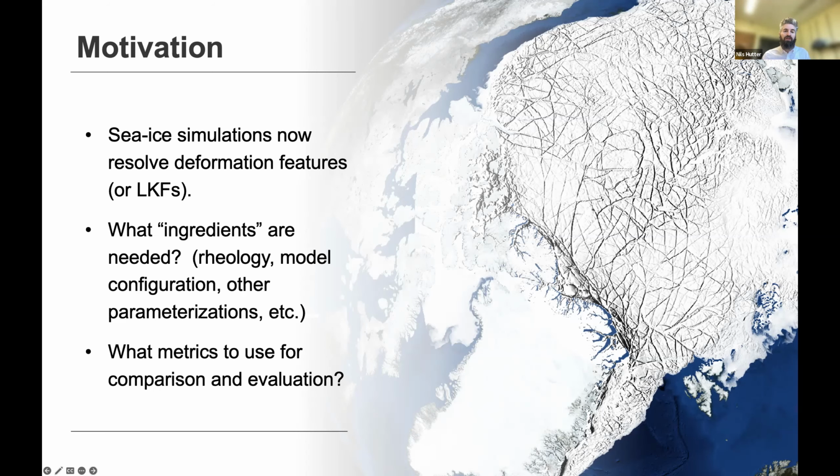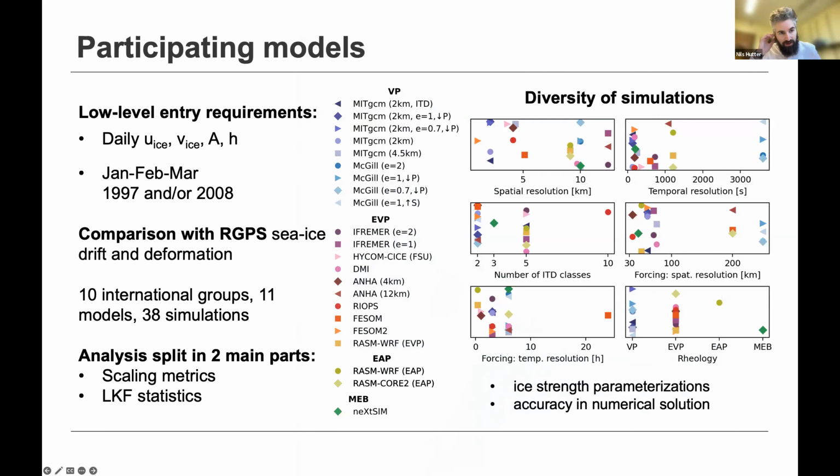So how did we design this intercomparison project? Basically what we did is we started with a very low entry level requirement, with the idea to have more groups joining the effort.